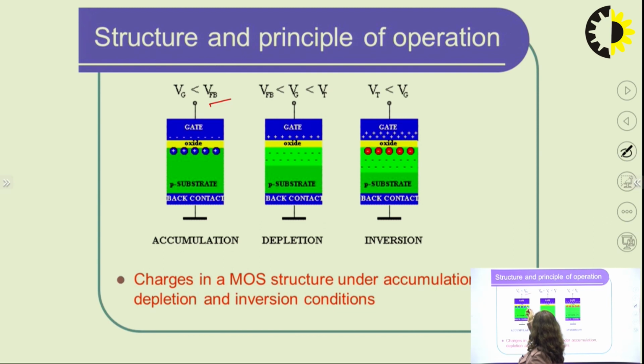If we connect a positive voltage here and a negative voltage here, the positive repels the holes, and all the holes will accumulate towards the P type substrate. That's why we see here that the forward biased voltage is much higher as compared to V_G. Only in that case will the accumulation occur, the accumulation towards the P type substrate.